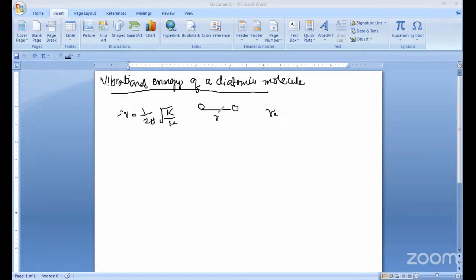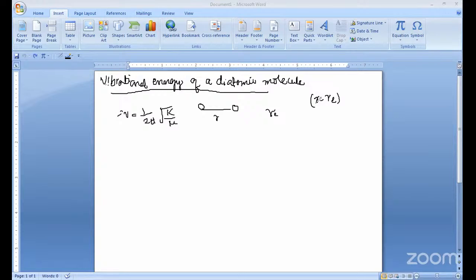Therefore, initially the distance between them is r. Whenever they are vibrating, the equilibrium distance is given by re. So the effective distance, which we can call the displacement, is r minus re. The displacement for this atom is given by r minus re.